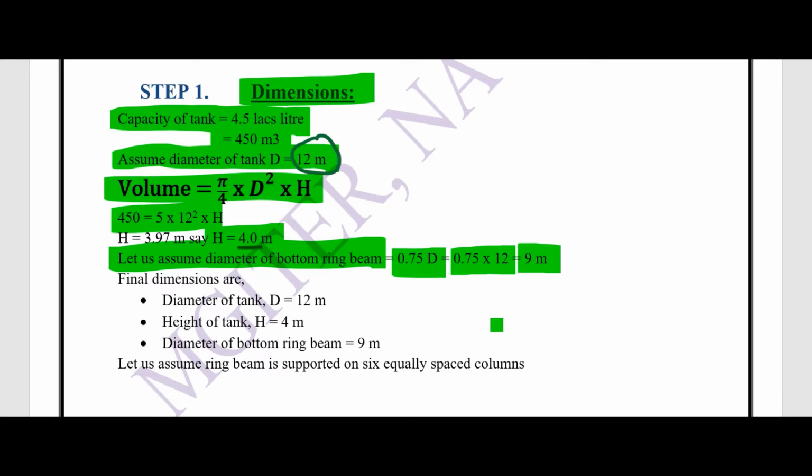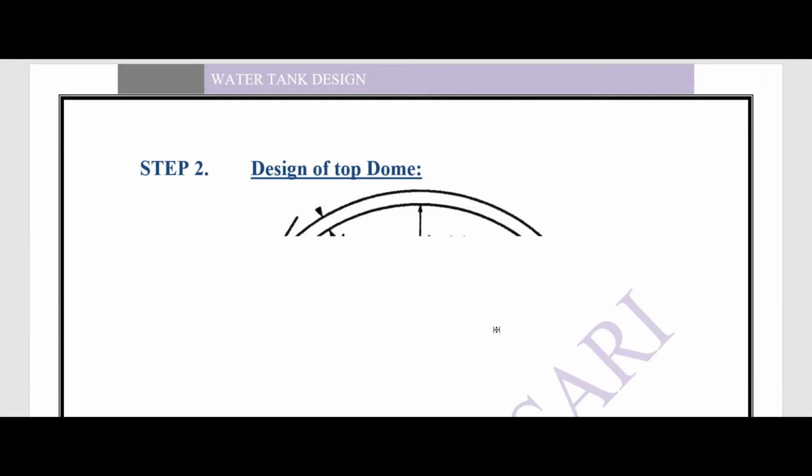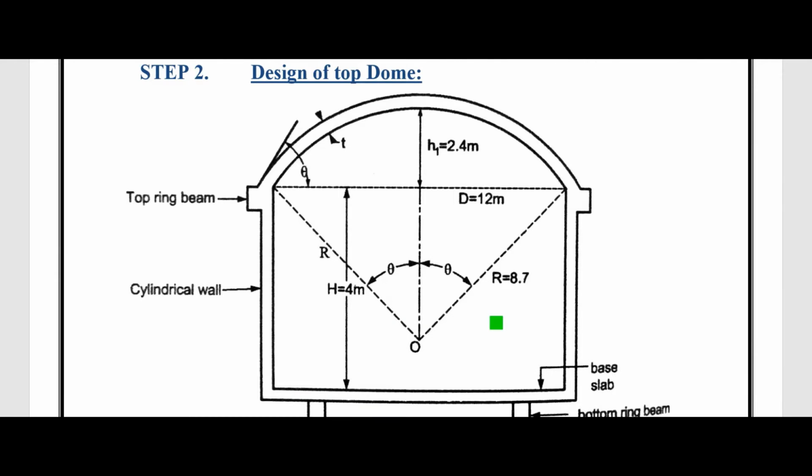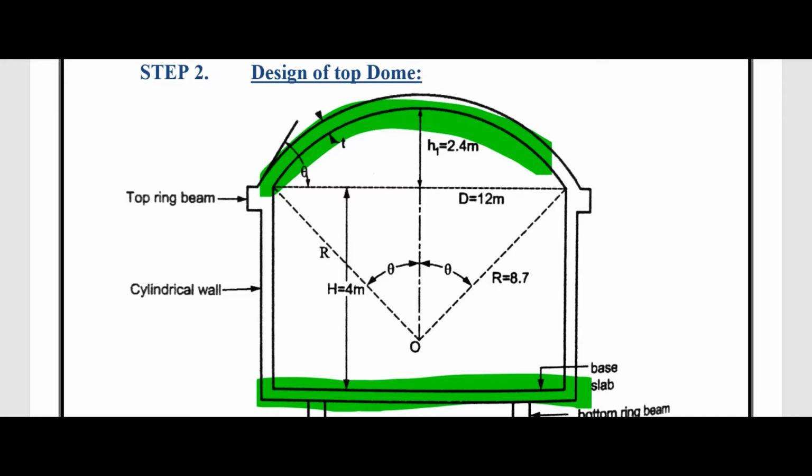I can show the figure of the water tank here. So here is a circular water tank. In the circular water tank, you can see the bottom portion is flat. Now here is a dome. Then here is a ring beam. Then here is a cylindrical wall.